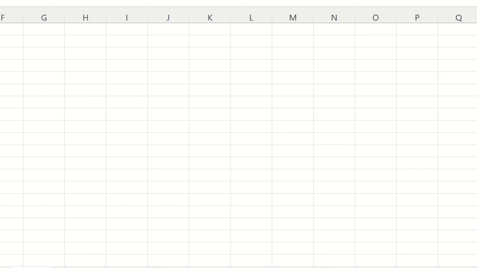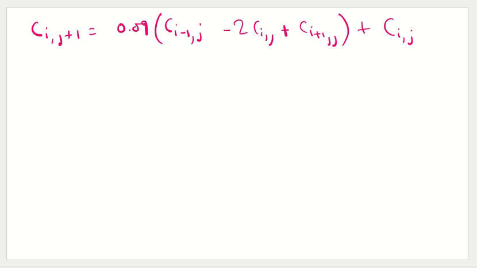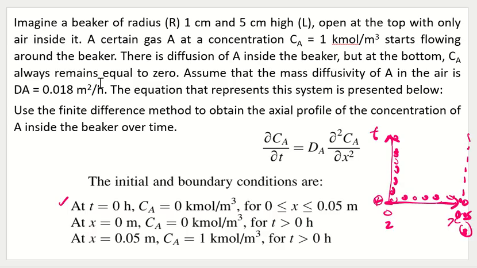Now, we have our t in hour, and we have our x. Let's look at the question once more. The question is saying, imagine a beaker.